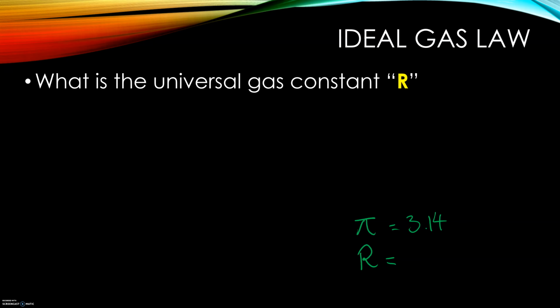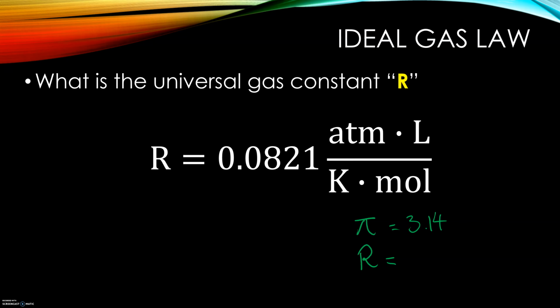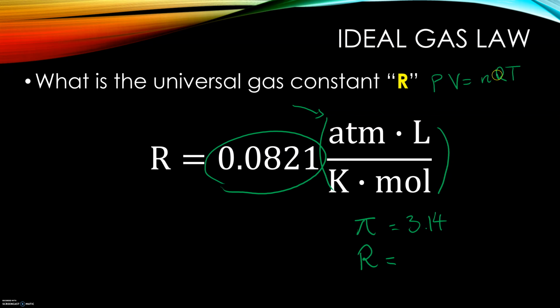And that value for R is going to be 0.0821 atmosphere liter per Kelvin mole. All right? Now this value is always going to be R's value. A common mistake a lot of people tend to make is they think of this part as an equation. However, remember, if it's an equation, it will be written in symbols of P, V, N, T, etc. They are not written as these units, which means this bracket that I'm circling right now is strictly a unit.